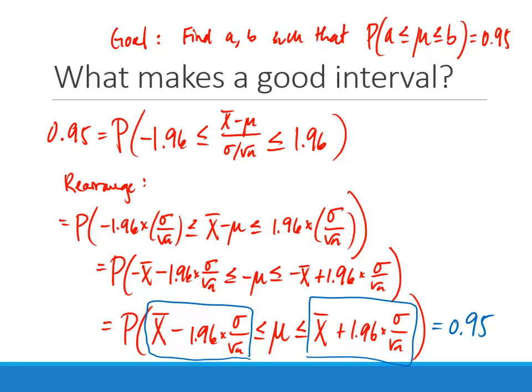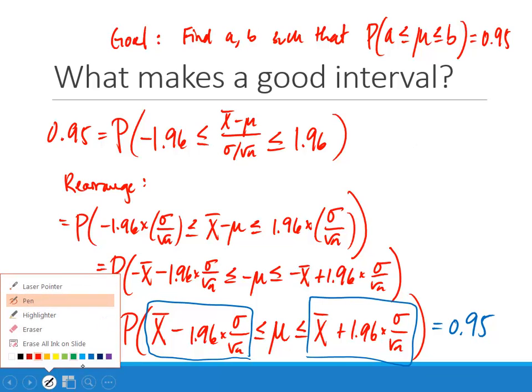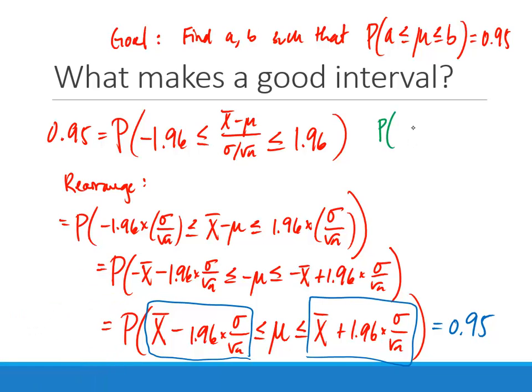Yeah, Mary? When you multiply by the negative, why does x bar become positive but the 1.96 stay negative on that side? Oh, yeah. That's because, let's say you have, for example, c is less than negative y is less than d.